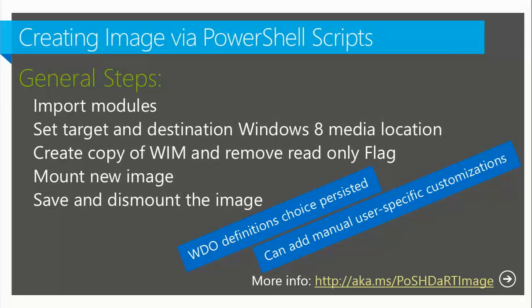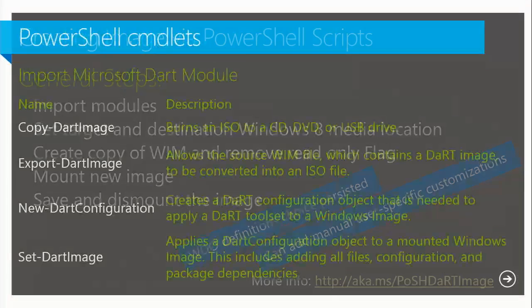We have a section or two where you can add your own customizations and your own drivers. Let's say that during the image creation we allow you to update your drivers, but a couple weeks or 6 months from now, you get a driver that needs to be put into the image. You don't have to recreate your PowerShell script. You can go into the PowerShell script and add a line to make that happen.